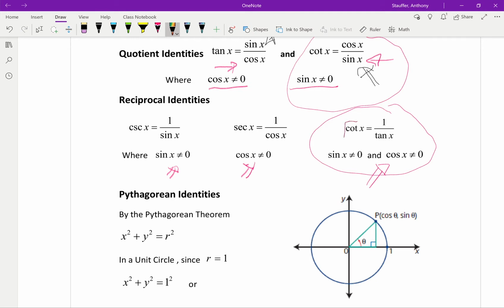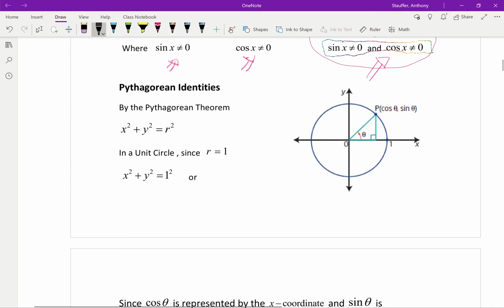If you are presented with just cot x, then the sine x cannot equal 0. But if the question is presented as 1 over tan x, then we have that sine x and cos x cannot equal 0. So it just depends on how the question is presented to you. I assure you it will not be an issue going forward, though. When we're doing the proving, all the questions will be very clear.